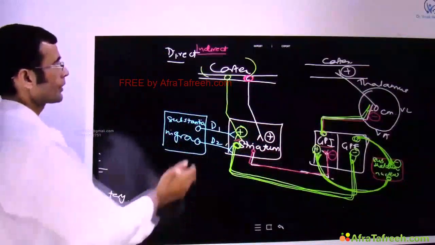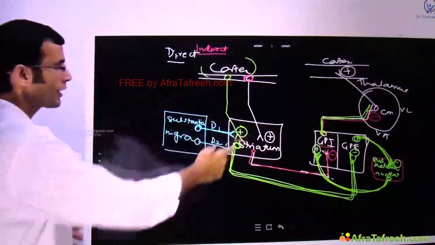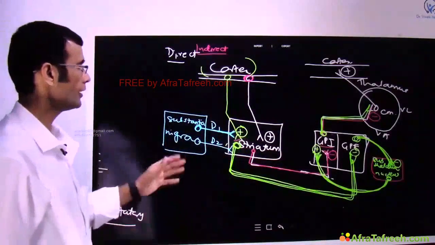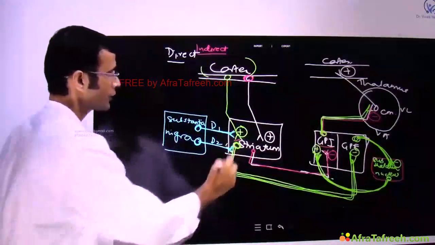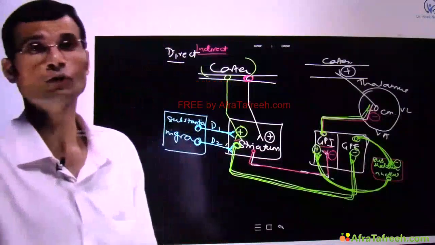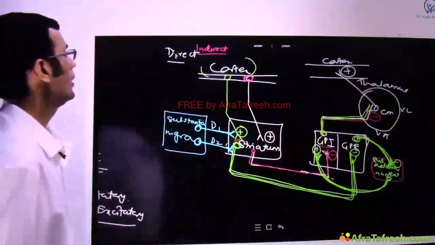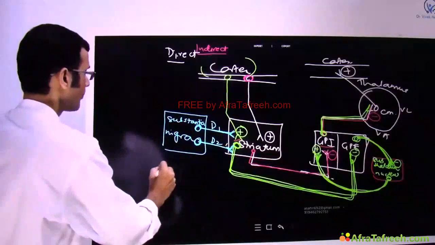So the D1 dopaminergic projection, nigrostriatal projection, will be excitatory. The D2 nigrostriatal projection is inhibitory. D2 receptors mediate the inhibitory effects of dopamine. So what are the functions of these nigrostriatal projections?